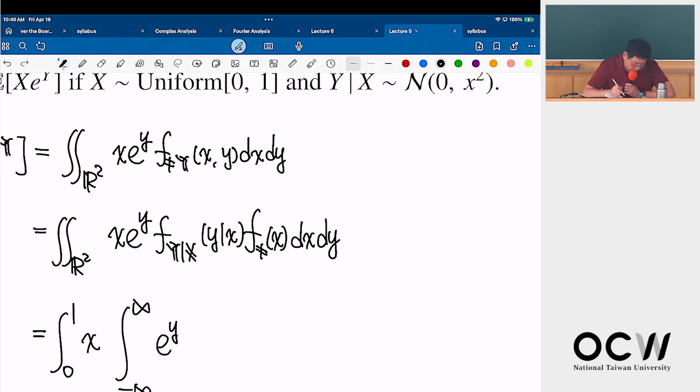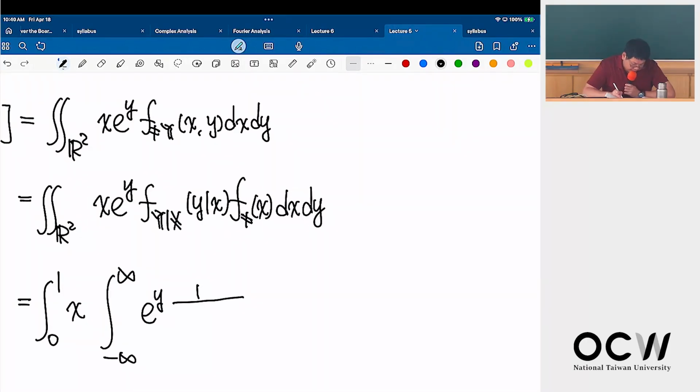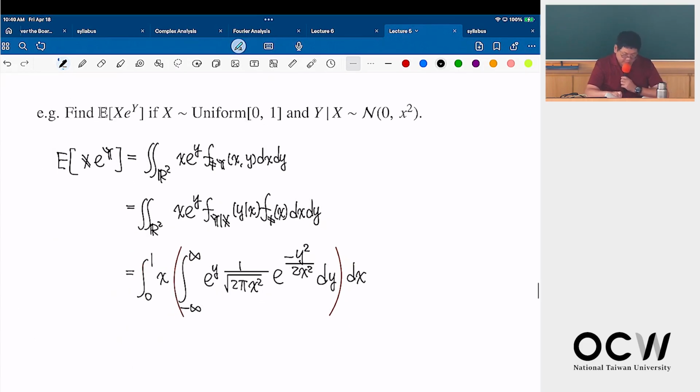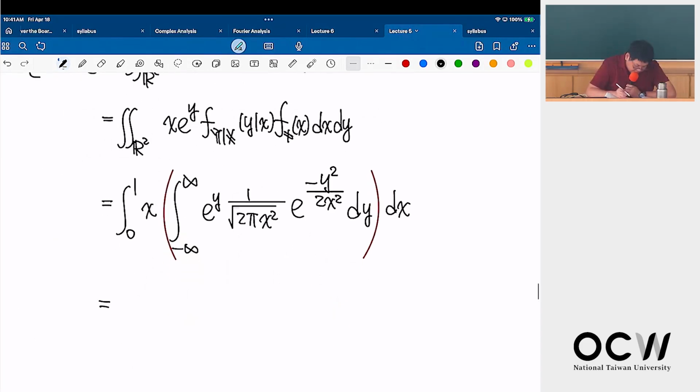So e to the y, 1 over square root of 2 pi sigma squared, that's x squared, e to the minus y squared, since I don't have a mean, divided by 2x squared, dy dx. So x is still from 0 to 1.